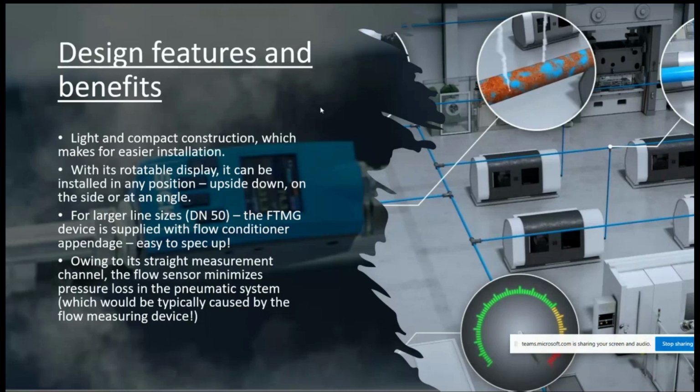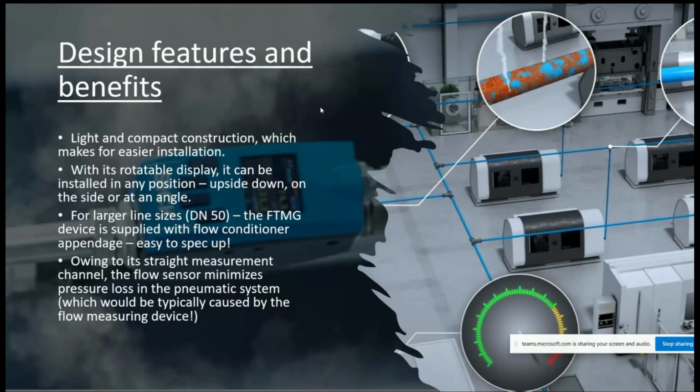So that's what SICK have pulled out all the stops to do, to make sure that your compressed air circuit is not disrupted. And the way they've designed it, with that straight measurement channel, as we saw at the start through the cross-section view, it minimizes pressure loss. It's an insertion in-line mass flow meter.